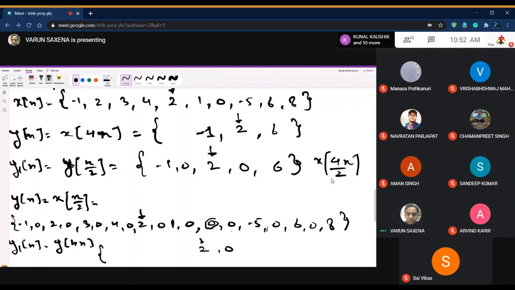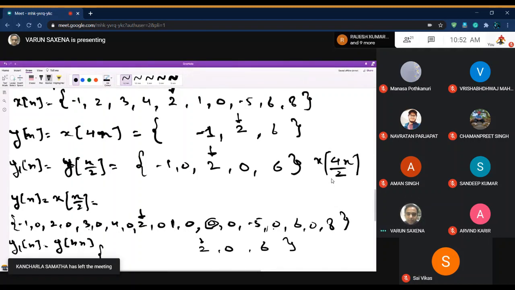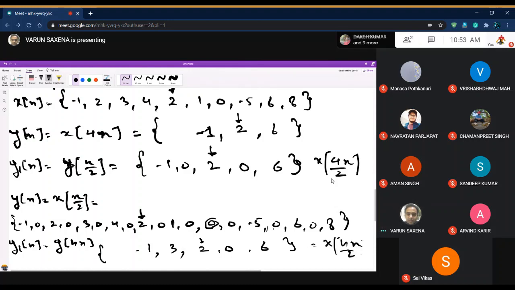Then 1, 2, 3, 4, 1, 2, 3, 4, which is this 3, and then 1, 2, 3, 4, which is -1. So this is what you get. So it is the same thing again, but the operations are different. You're getting different sequences. Is it clear?